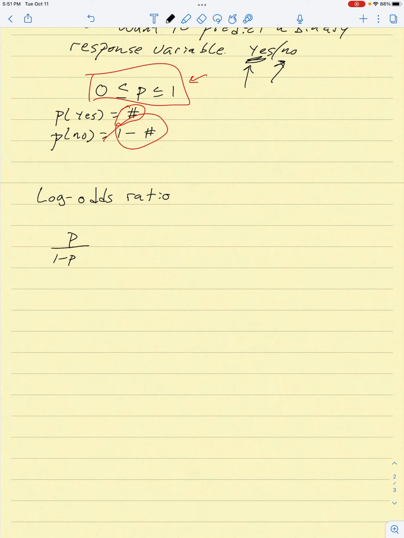You know, those are the odds. So log odds would be something like the natural log of that. We're going to model the natural log of the odds ratio, right? This is the odds ratio, by a linear model. Okay. And the idea is that this fixes the problem.